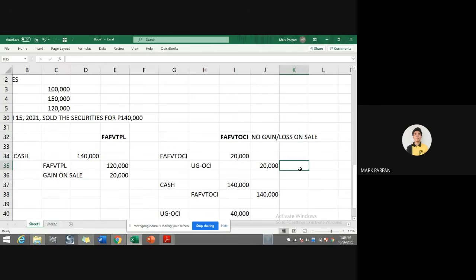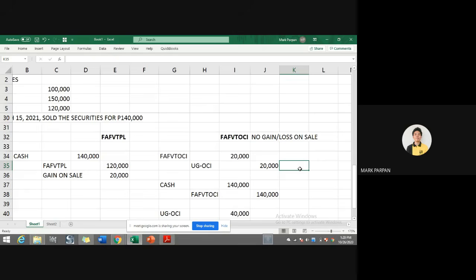Remember that one again: no gain or loss on sale for FVTOCI. If the exam asks, how much is the gain or loss from sale of FVTOCI? Your answer should be 0, because again, we have no gain or loss.